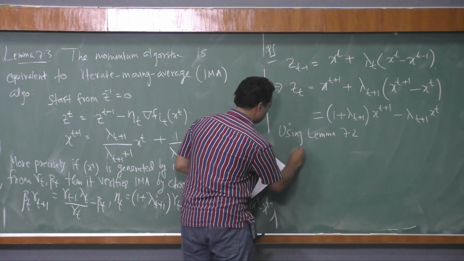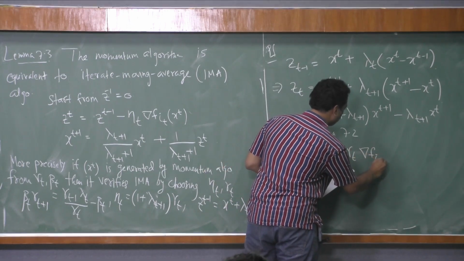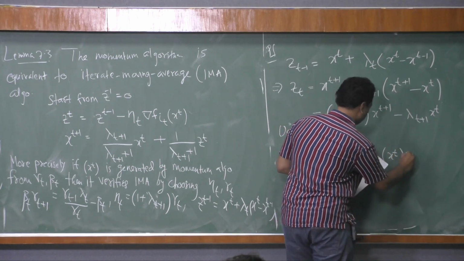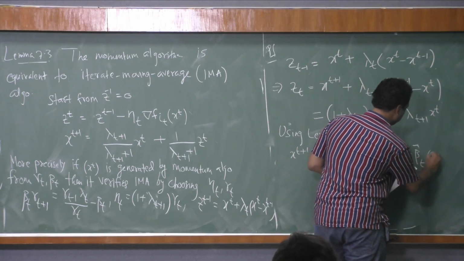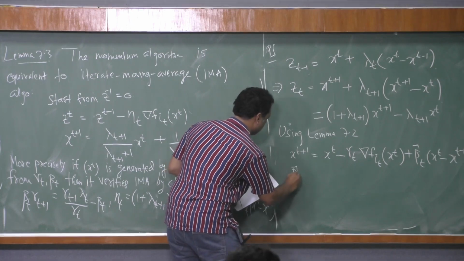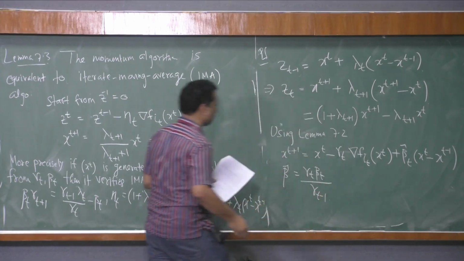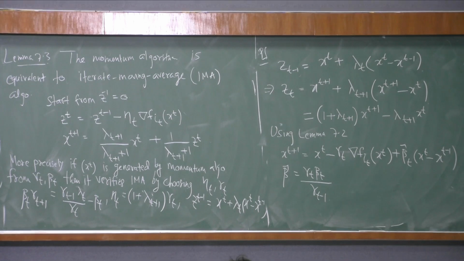And in that case, the iterates were given by xt plus 1 is xt minus gamma t grad f it, and then plus beta hat t times xt minus xt minus 1, where the beta hat was given to be gamma t beta t divided by gamma t minus 1. So let us use heavy ball iterate. So this gives us how the xt are updated, and I believe we will substitute this.